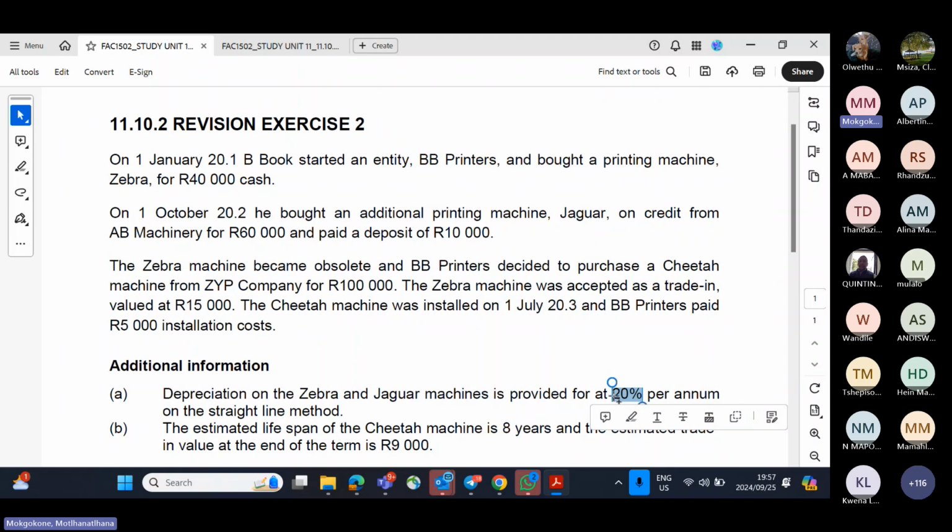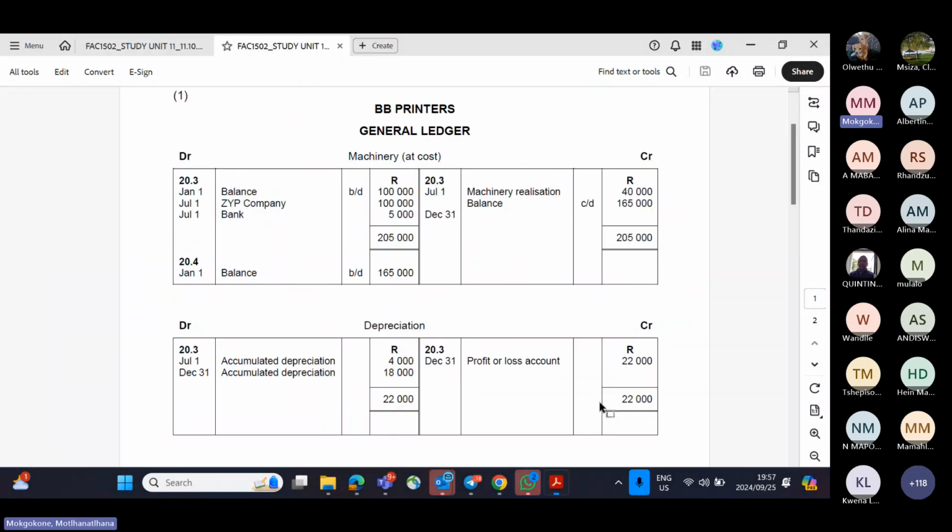Because we used this machinery for the whole current financial period, they will give you 12,000. If you say 12,000 plus 6,000, they will give you 18,000, which was here. Then if we add both sides, they will give you 22,000. And we said expenses and incomes are closed off to profit and loss account. That's why you see we close this account to profit and loss account.